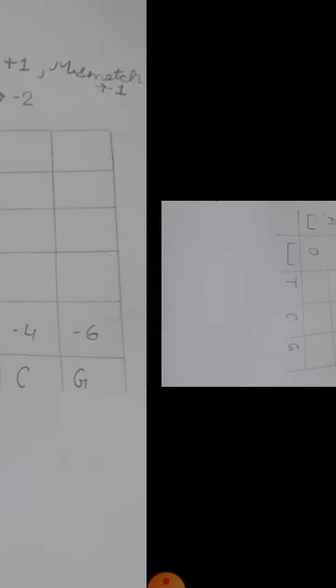When the value comes from the beside box we have to add the gap value. When the value comes from the bottom box we have to add the gap value. But when the value comes from the diagonal box we have to see for match or mismatch.